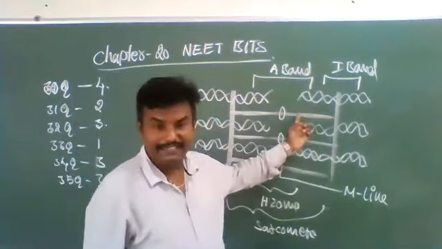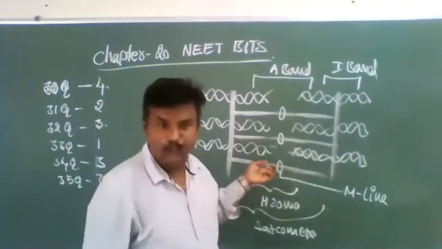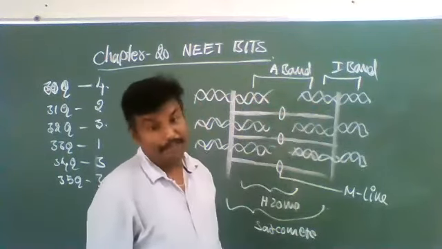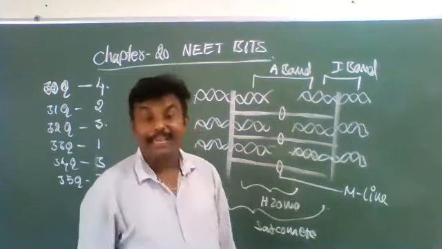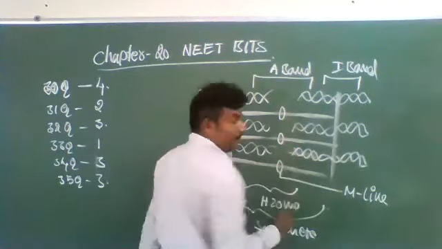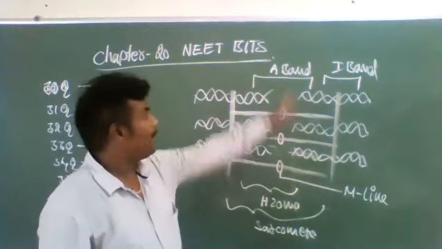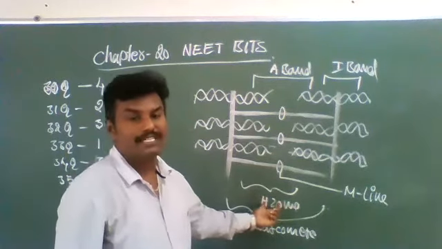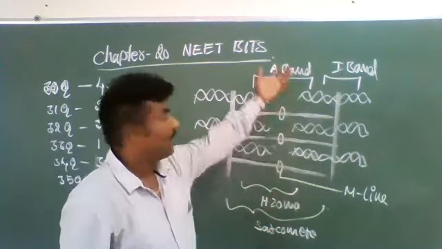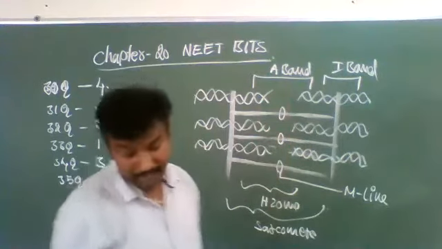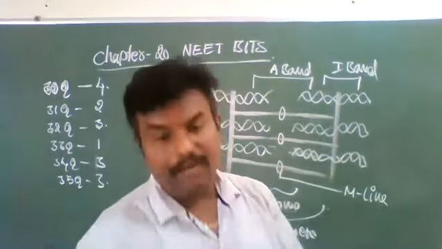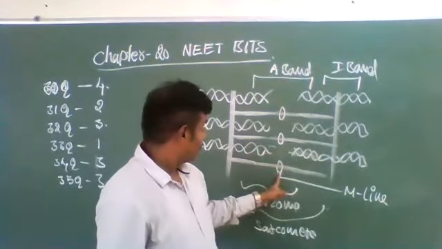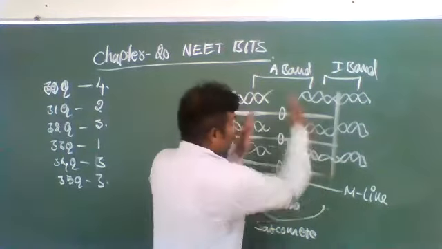The thick filaments in the A band are held together in the middle of this band by thin filamentous membrane, called the M line. This is the M line. The M line passes through the center of the H zone. Yesterday we discussed the M line, page number 305. This is the M line passing through the H zone.